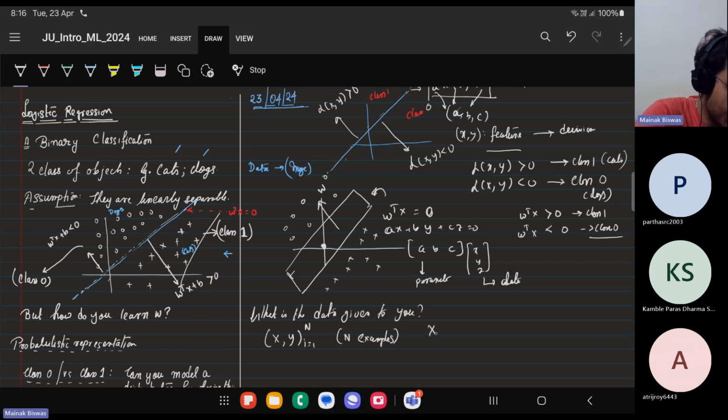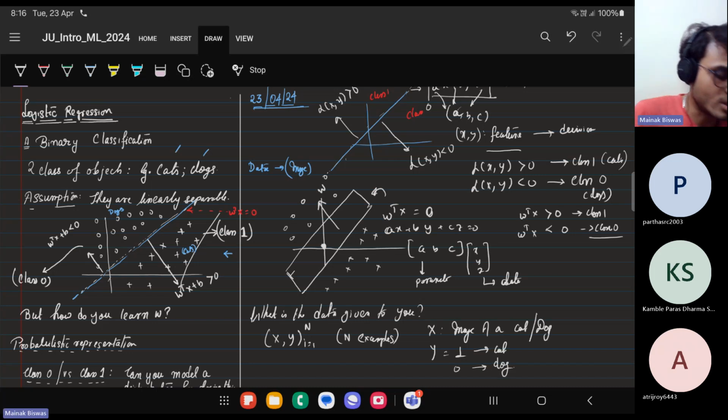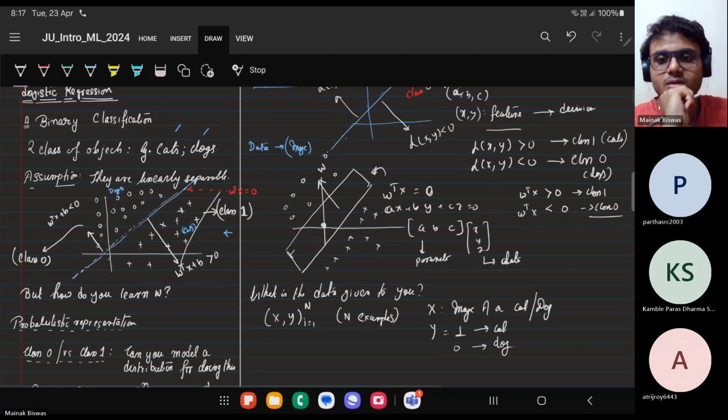And x is an image of a cat or a dog, and y is 1 if it is a cat, 0 if it is a dog. Any questions?